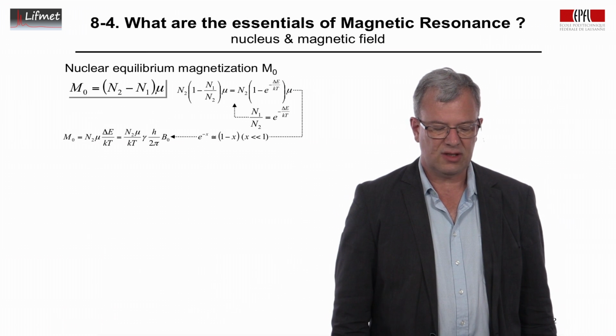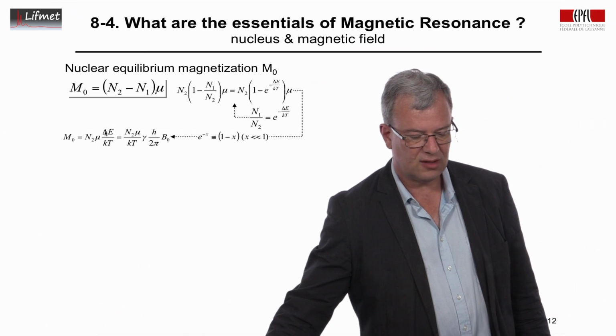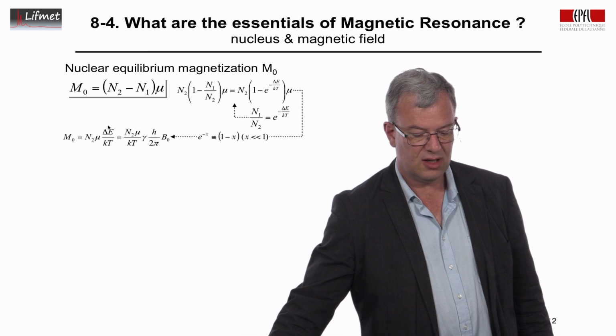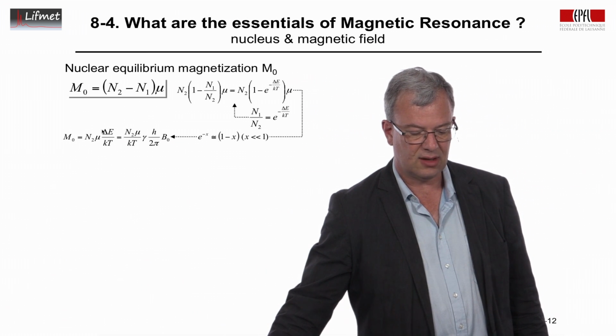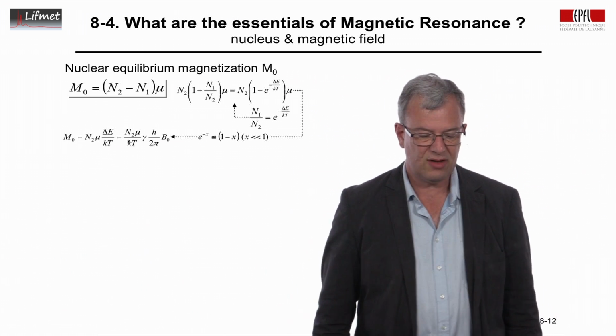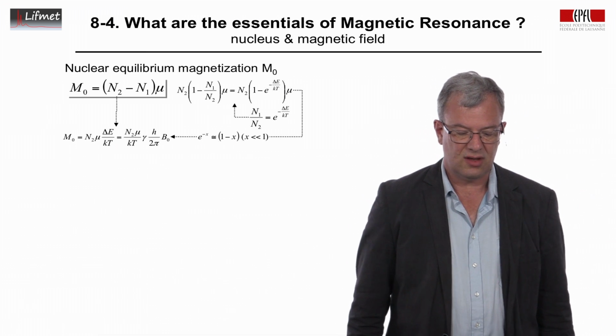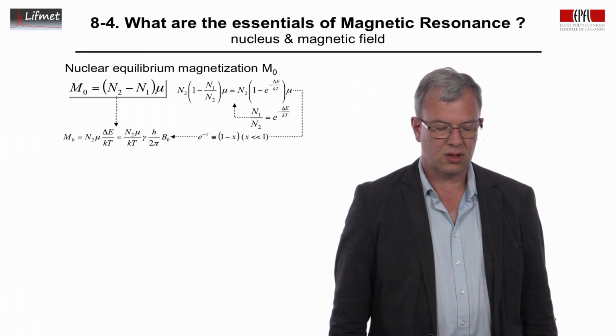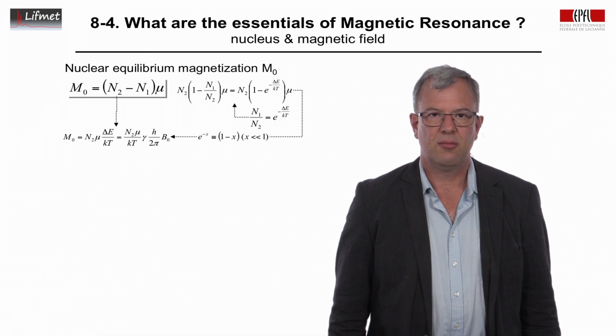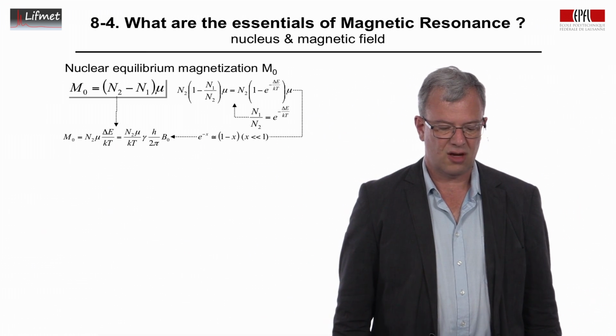With this linearization, the magnetization is given by this term here, and then I'll substitute the delta E with the term that we have seen previously, and this is now the macroscopic nuclear equilibrium magnetization that we have.